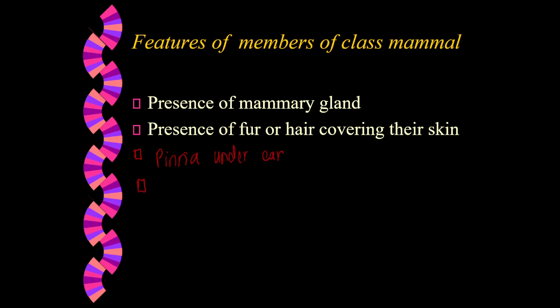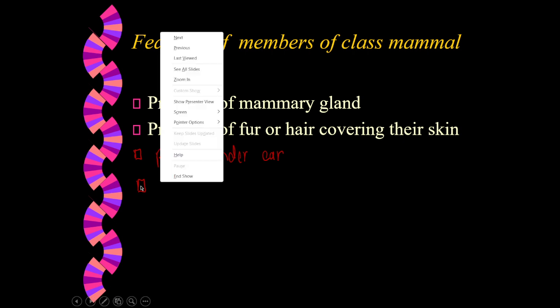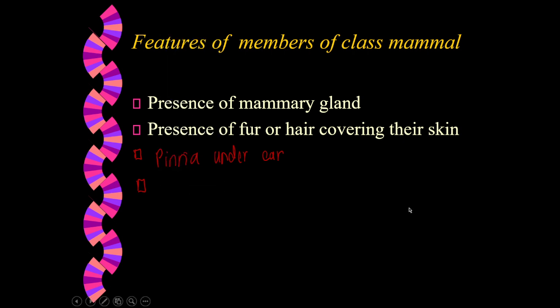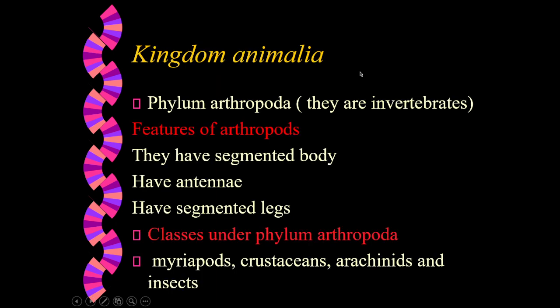Then we can also say the females feed the young one in the placenta during the birth stage. You can add that. And just remember the mammary gland one, which is one of the easiest. And you can add some of the other ones that you can think of as well.